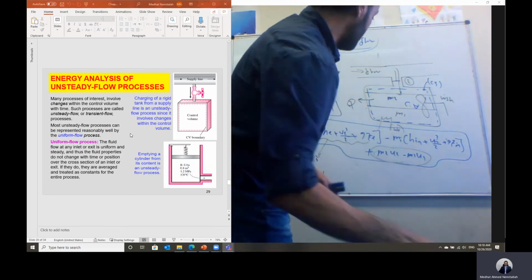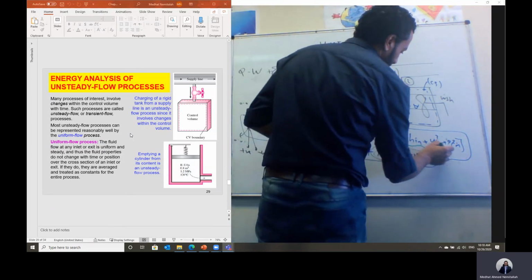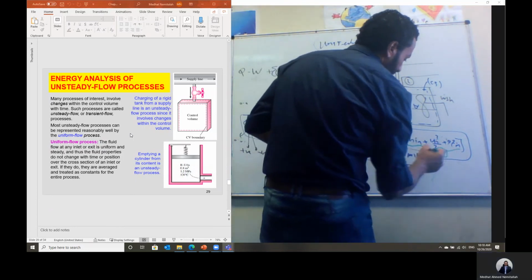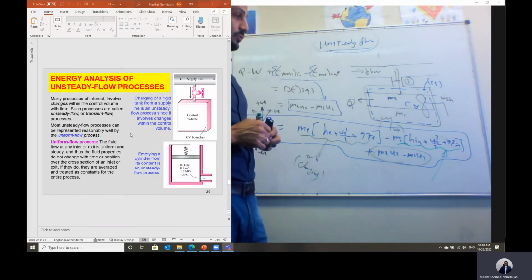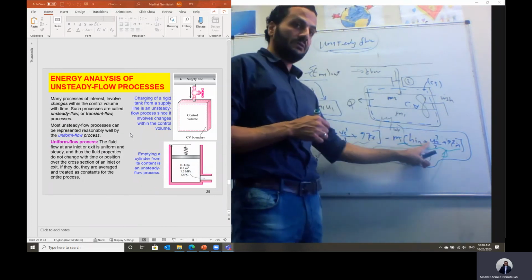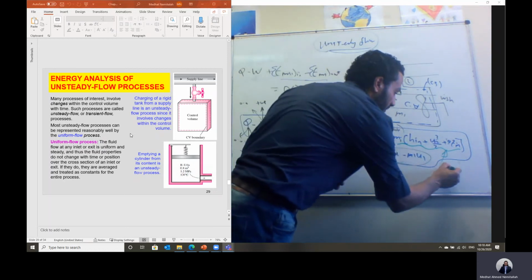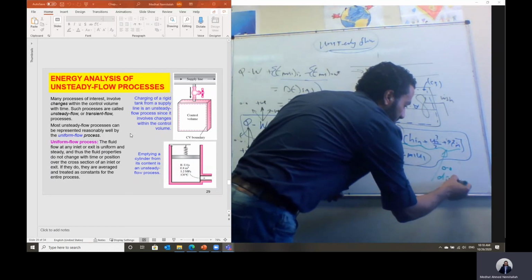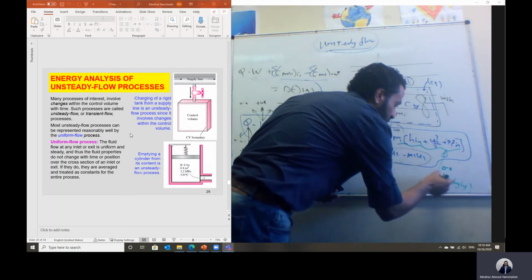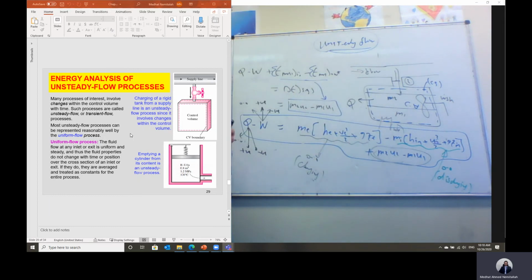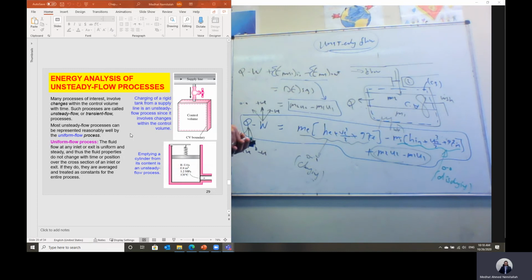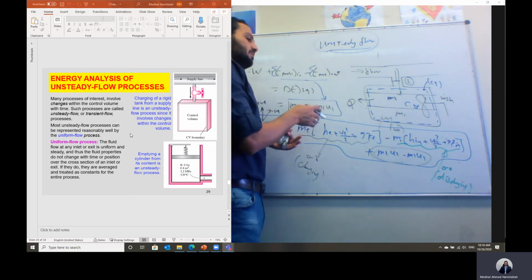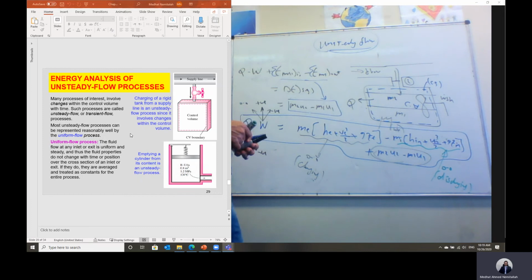And the other term, M inlet multiplied by this term, the energy transfer by mass due to mass transfer to the system, that term should equal 0 in case we are discharging a tank. So in this case, the whole term will equal 0. Inshallah, once we try to solve the problem, you will see this equation will be much reduced.